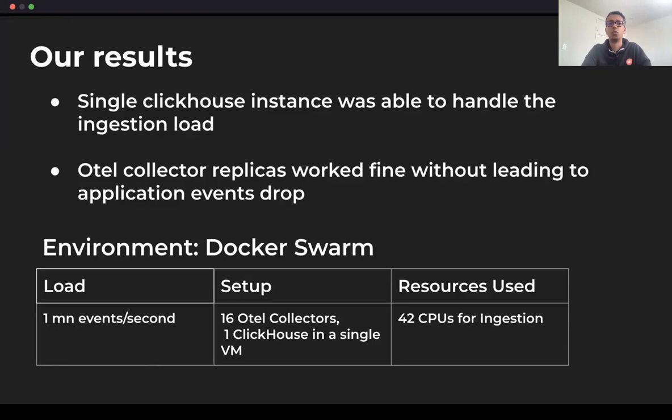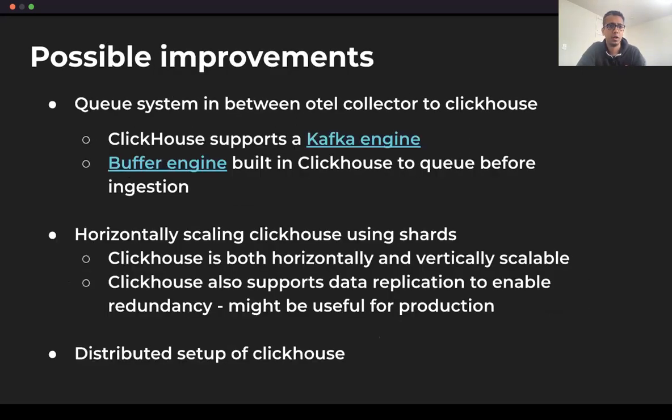This was really surprising for us, that a single vanilla OpenTelemetry Collector installation with a single ClickHouse instance worked for handling 1 million events per second. So this gives a lot of confidence on how much OpenTelemetry can scale, and also how ClickHouse is a good database for this.